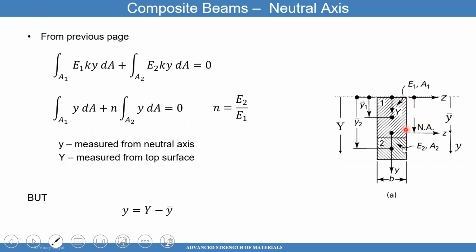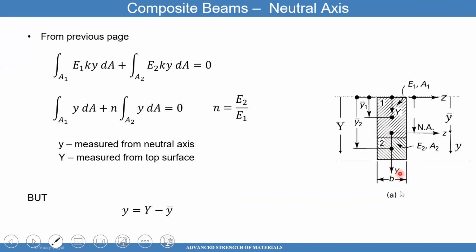So yeah, that's your neutral axis, and this y is measured from the neutral axis. Looking at these different y's, you have this big Y here, you have this Y bar that points to where the neutral axis is relative to the top surface, and then you have this coordinate system that starts at the neutral axis and has the letter y.